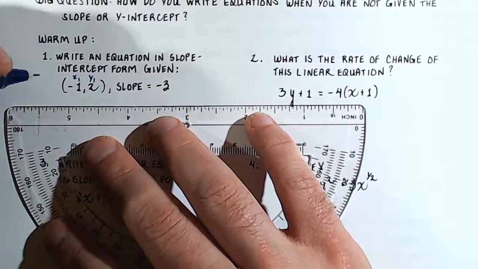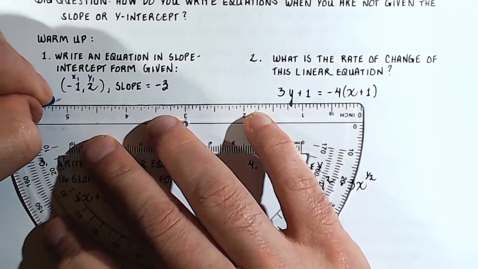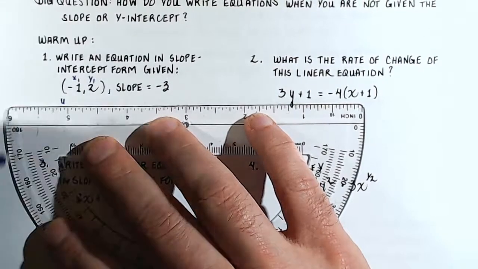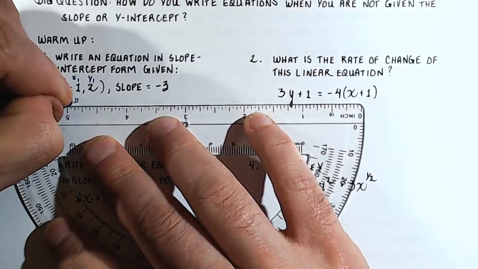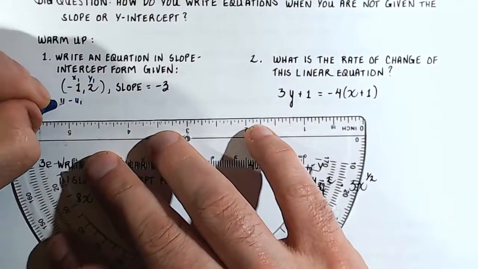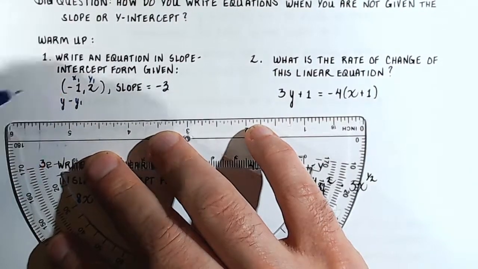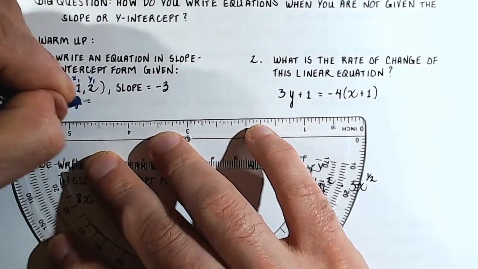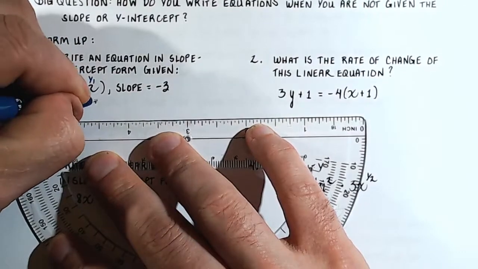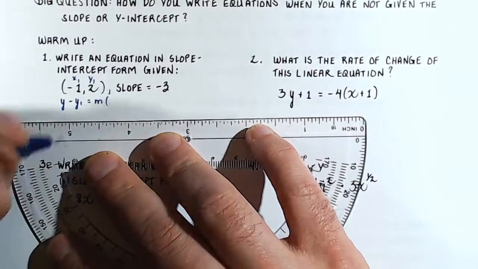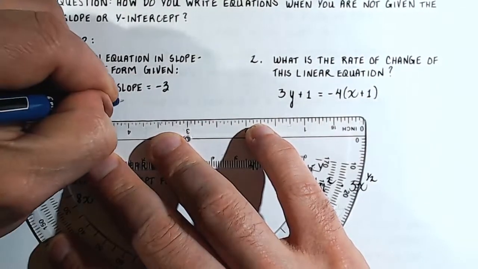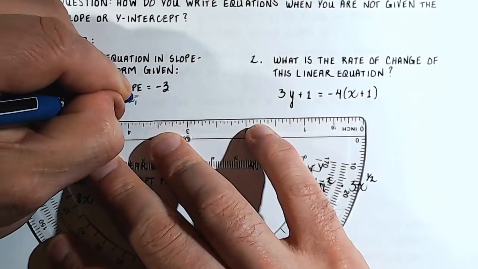Okay, so that would be y minus y1 equals m, open parentheses, x minus x1, close parentheses.